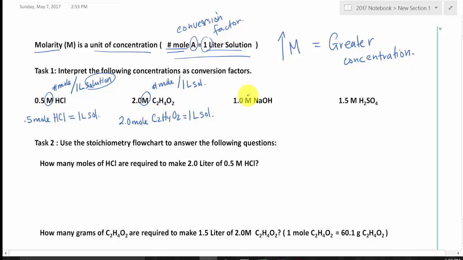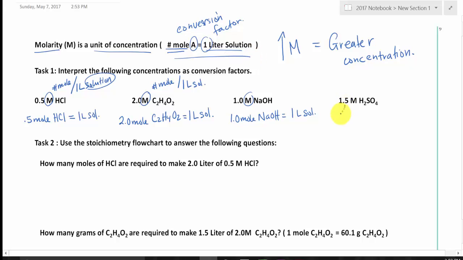And then over here we have 1.0 molarity of NaOH. Again, this molarity is equal to number of mole divided by 1 liter of solution. So we have 1.0 mole of NaOH equal to 1 liter of solution. Isn't that easy? Again, molarity is number of mole divided by 1 liter of solution.